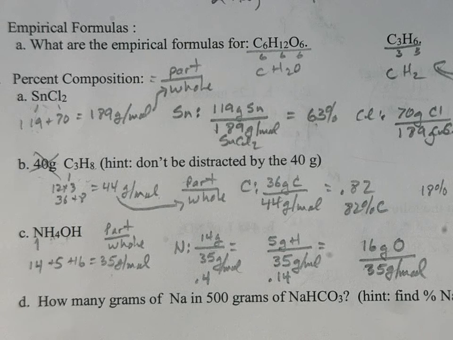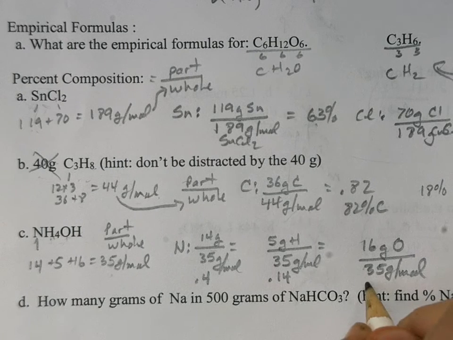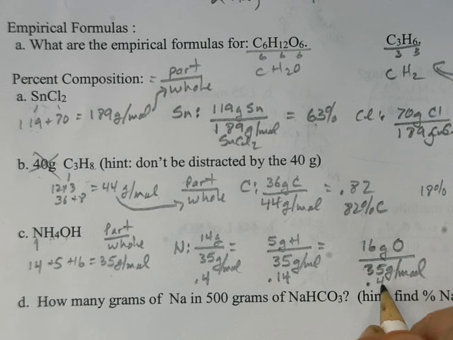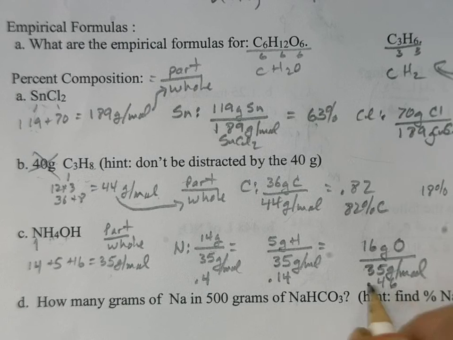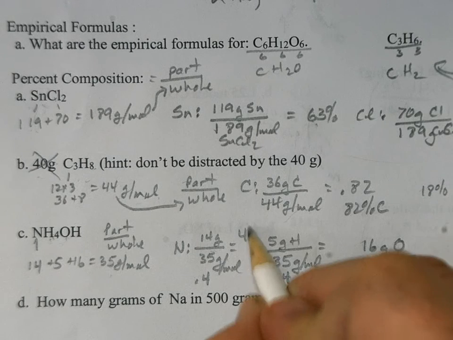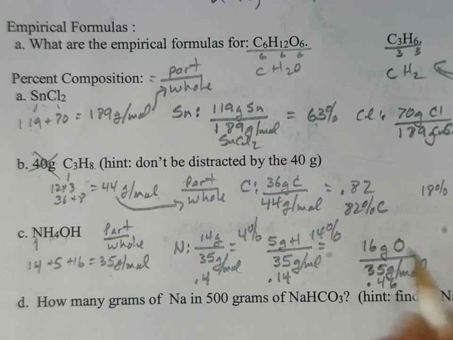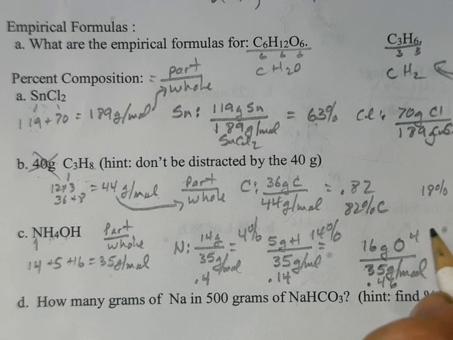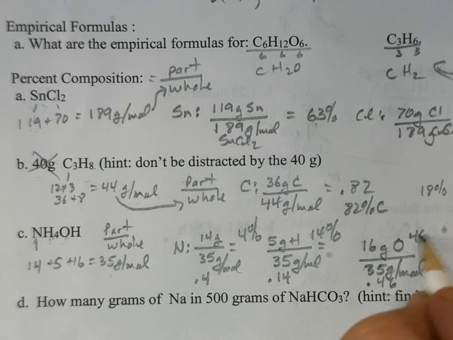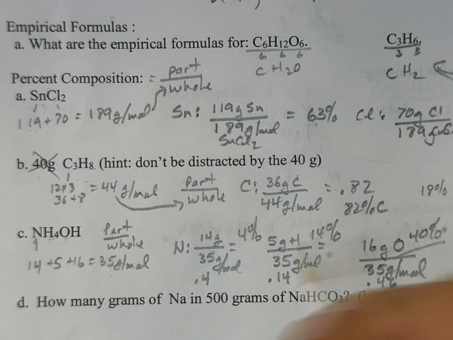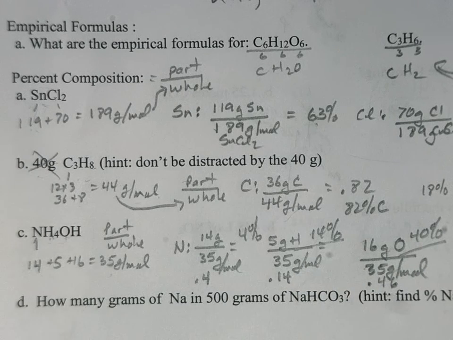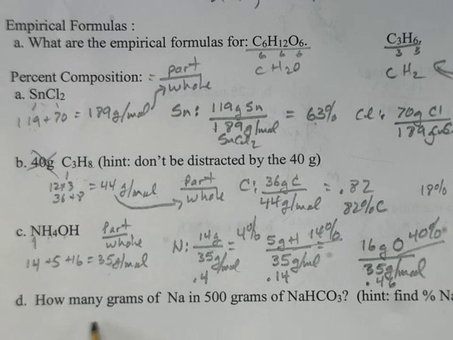And then 16 divided by 35 equals 0.46. So it becomes 40%, 14%, and 46%. So 46% oxygen, 14% hydrogen.